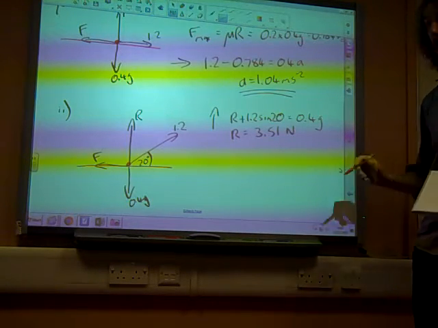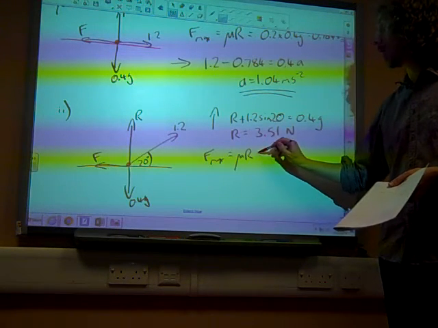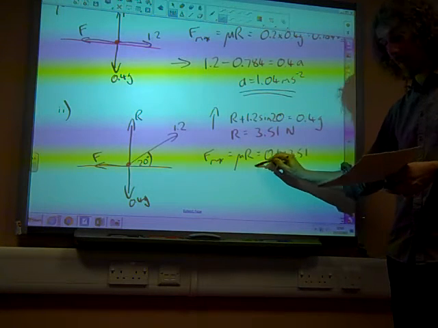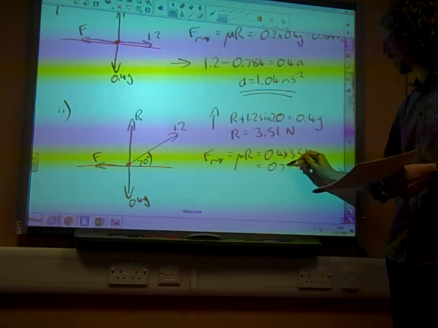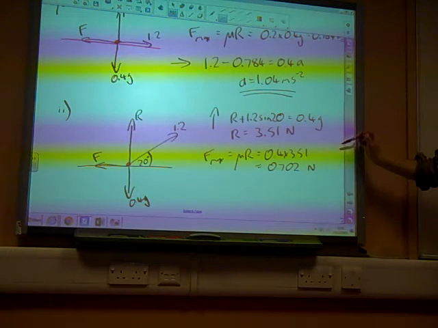So, the maximum value that friction could take is mu R, so it's 0.2 times 3.51, which this time comes out as being 0.702 newtons. That's the maximum amount that friction could be.